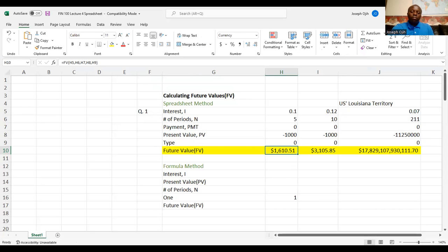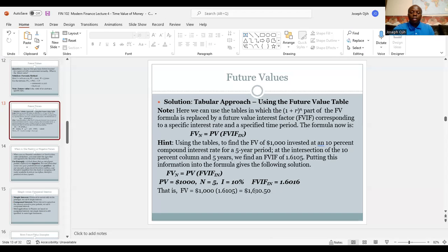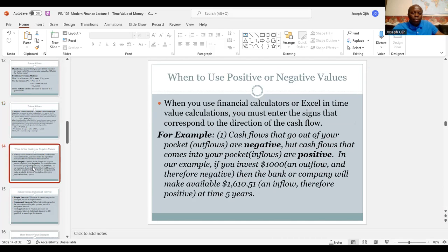So, in other words, we invested $1,000 at this interest rate for 5 years to get $1,610.50. So that's how it works. Now, we'll be doing many examples of this because questions about future value can be asked in different forms. So in the coming lectures, we'll be looking at all those methods.